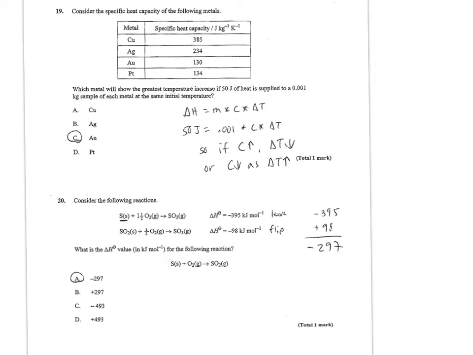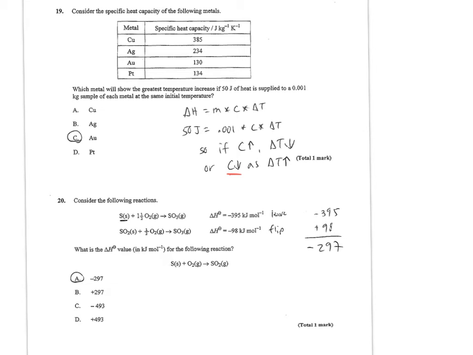Those two things are remaining constant. So really, it's C times ΔT equals the same number each time. So if C increases, my change in temperature has to decrease. Or if C decreases, then my delta T will increase. So really, I'm looking for the biggest temperature change, which means I'm looking for the smallest C value, which belongs to gold at 130.